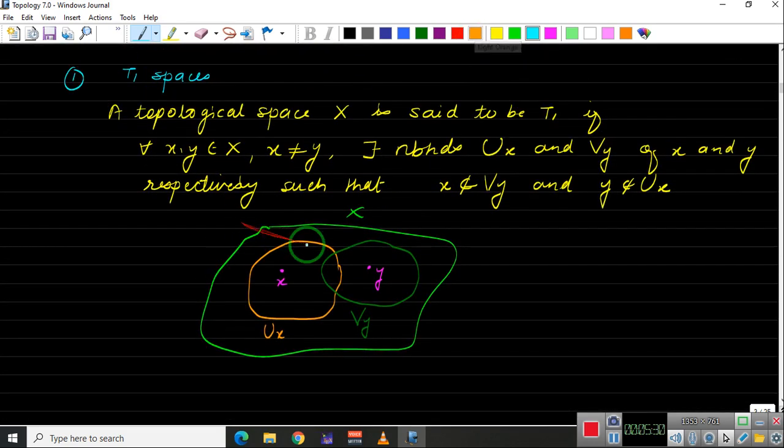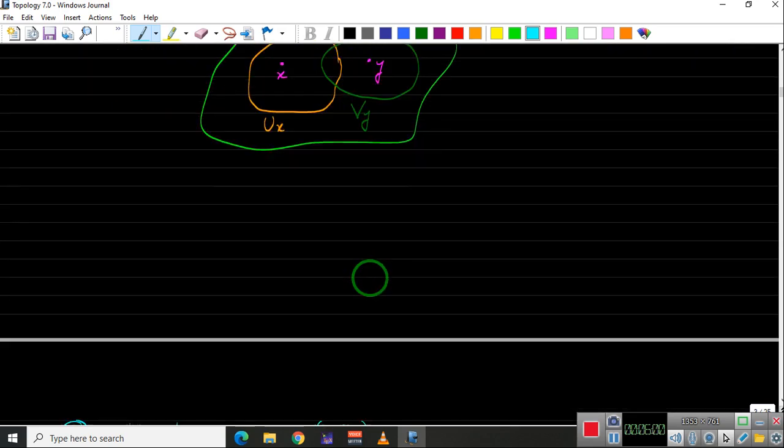Here we wanted the neighborhoods of x and y such that x is not in Vy and y is not in Ux. But if we can find neighborhoods such that their intersection is empty, it means they are disjoint neighborhoods, then the space is called Hausdorff space. So the definition is, for all x, y belonging to X, x not equal to y, there exist Ux and Vy, neighborhoods of x and y respectively, such that Ux intersection Vy is empty, no matter what point we are taking.